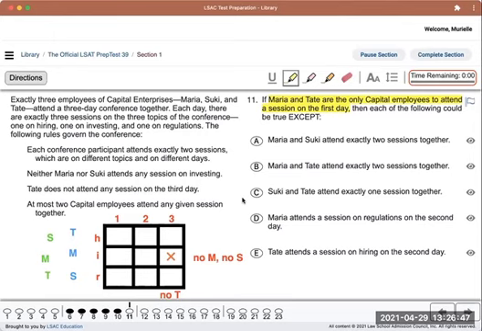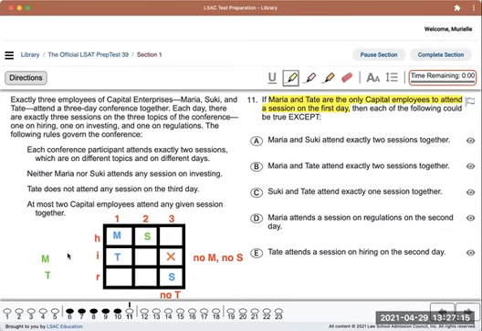Sorry. All right, so if M and T are the only capital employees to attend a session on the first day, that means that they have to attend on the first day, and also that S doesn't. So we have to have S, and then we do have to have M and T in here somewhere.